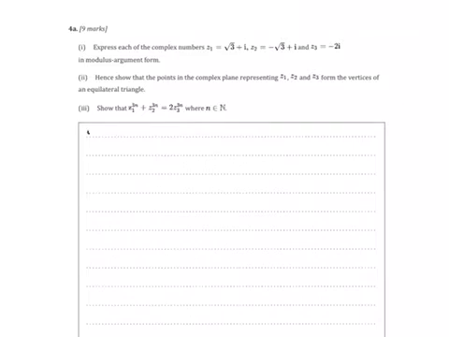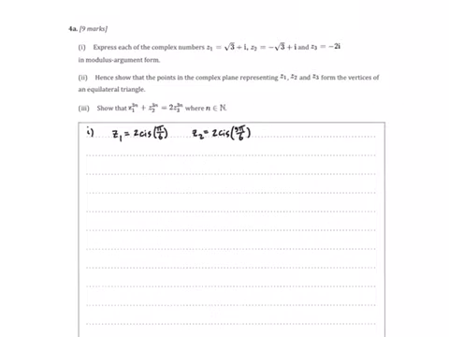Okay, Z1 will equal 2 cis pi over 6. I'm not going to explain these. If you want, you can pause the video, check by drawing a triangle in the appropriate quadrant, and then go ahead and confirm whether or not your answer is good to go.